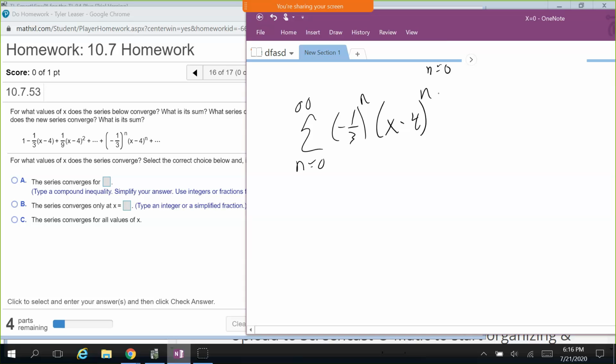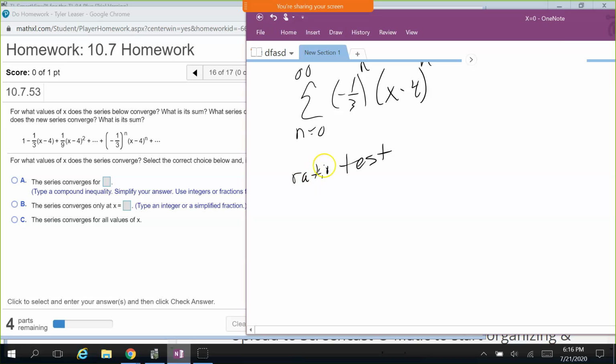Anytime you have a power series and it's asking you where does it converge, you could either do the ratio test or you could do the root test. I almost always do the ratio test because that's the one that works most often, so I'll just do the ratio test here. Remember, the ratio test is the limit as n goes to infinity of the n plus 1 term of your sequence divided by the nth term inside of an absolute value.